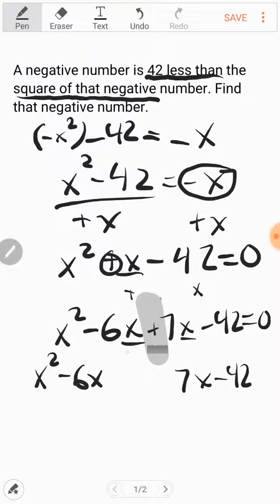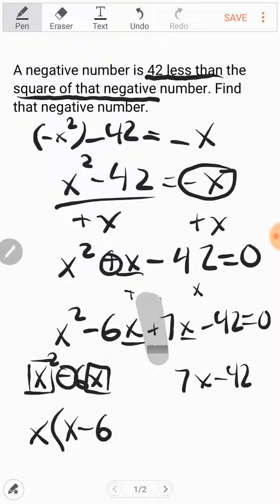And now we could take out x on both terms, so we'll have x on the outside, and then x squared divided by x is x, and then bring down the minus sign. Then 6x divided by x, the x's cancel out, so you get 6. Now here you have positive 7, so you're going to put plus.